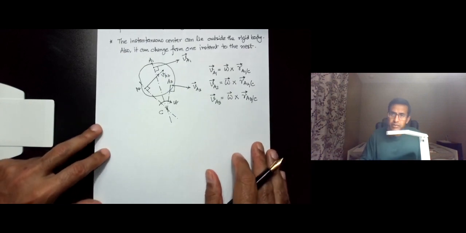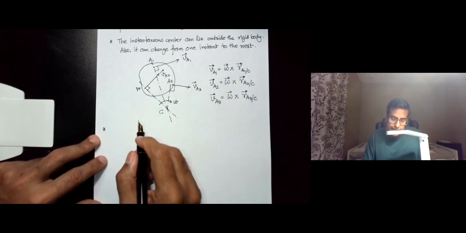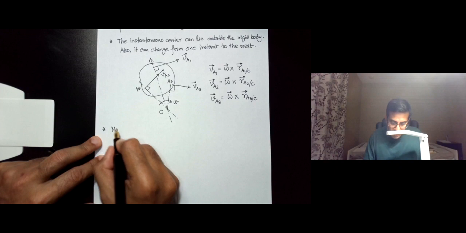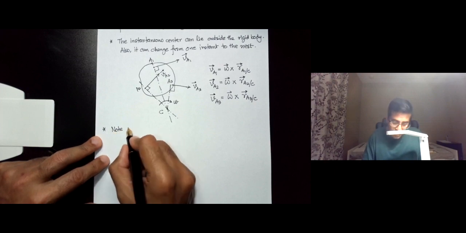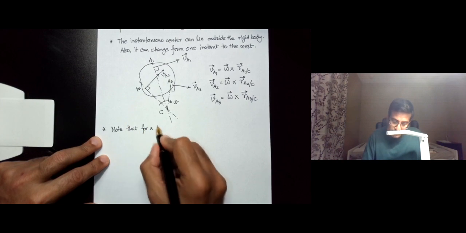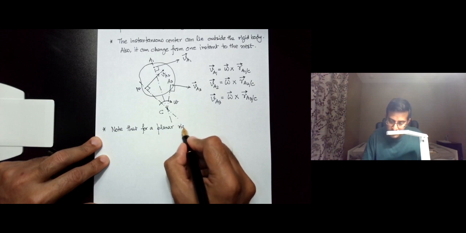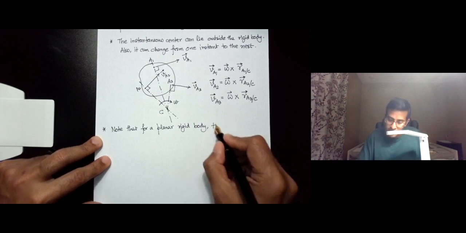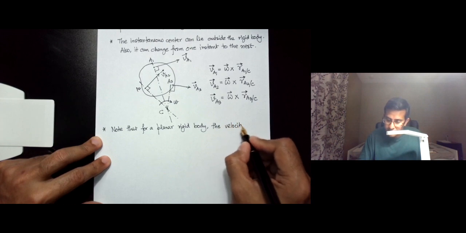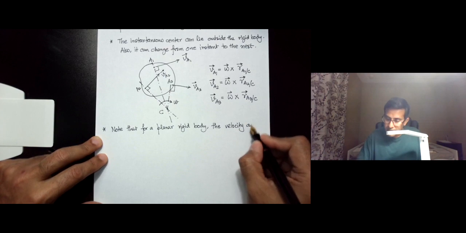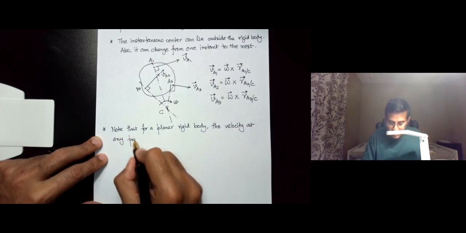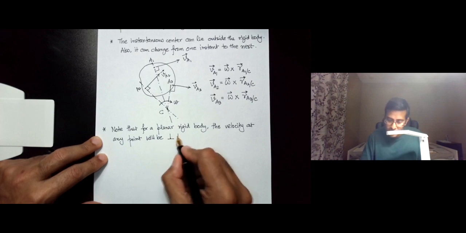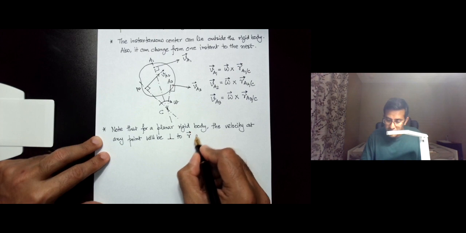So one of the conclusions that we can draw from here is that for a planar rigid body, the velocity at any point will be perpendicular to R and omega.